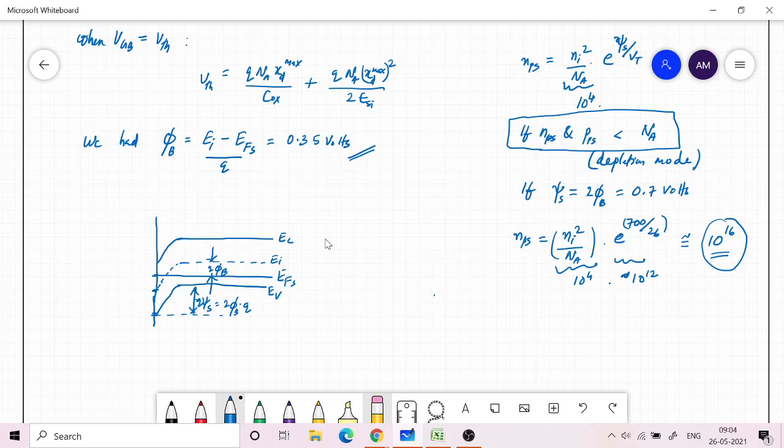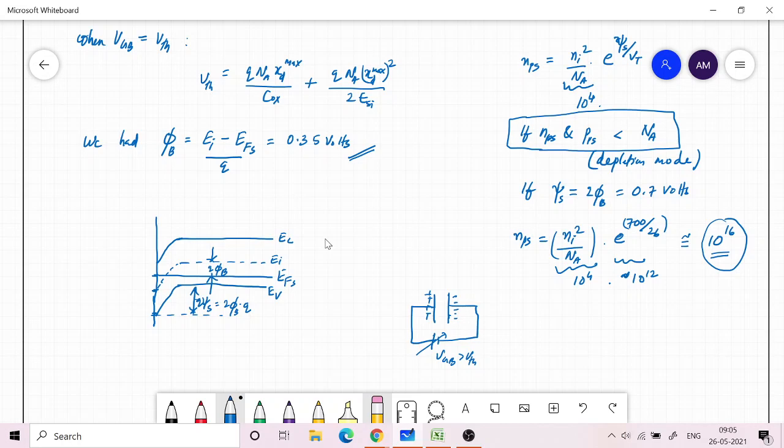Whenever you apply a voltage from a battery to a capacitor, there will be a positive side with plus charge, and a negative side with negative charge. Earlier, this negative charge was contributed by the acceptor ions as you were increasing the voltage, but once VGB becomes greater than VTH, this negative charge is going to be contributed by these electrons.